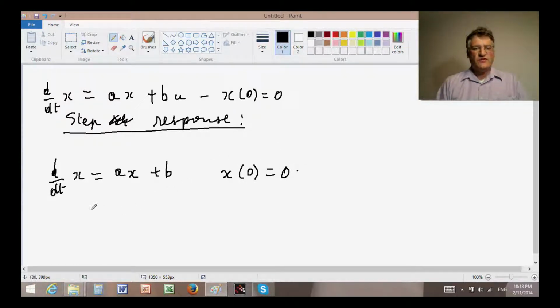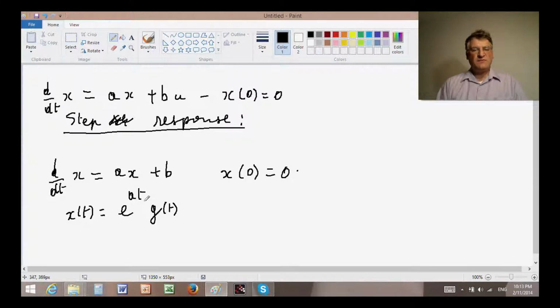Now, to solve this equation, what we can do is take the variation of the constant and say that the solution will look like x(t) equal to e^(at) times g(t).